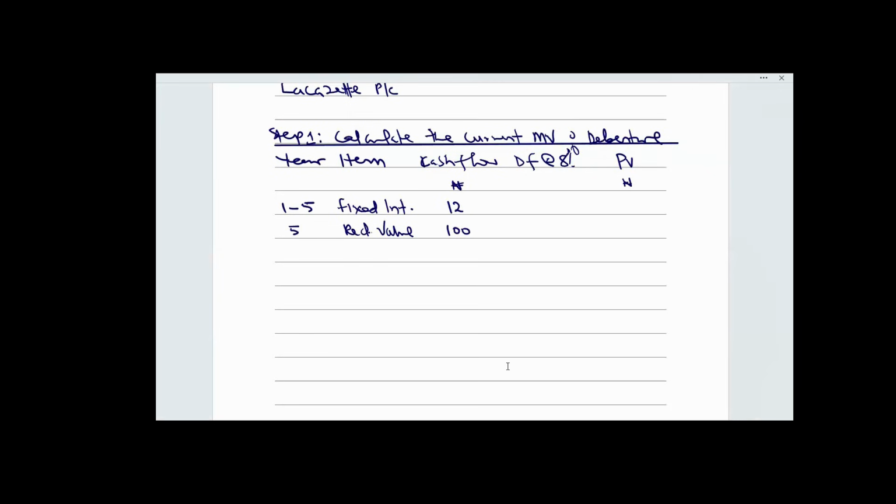So I need to calculate the annuity factor of year 1 to 5 at 8%. What do you have there? Somebody should give it to me. Annuity factor of year 1 to 5: 3.993.